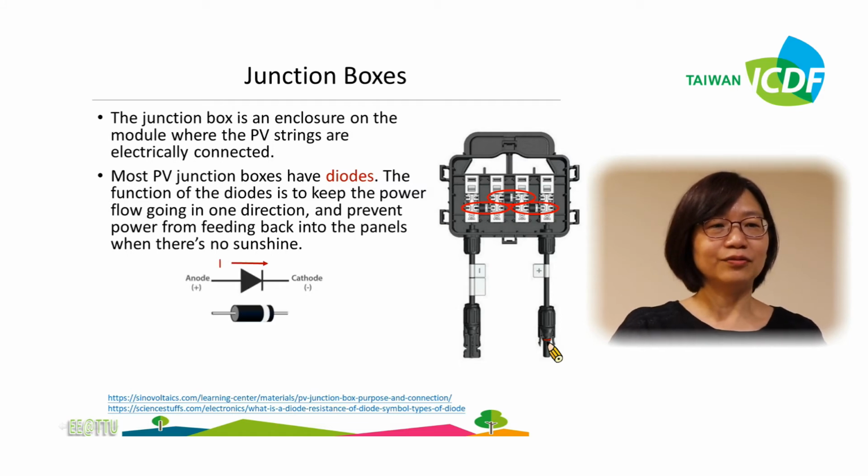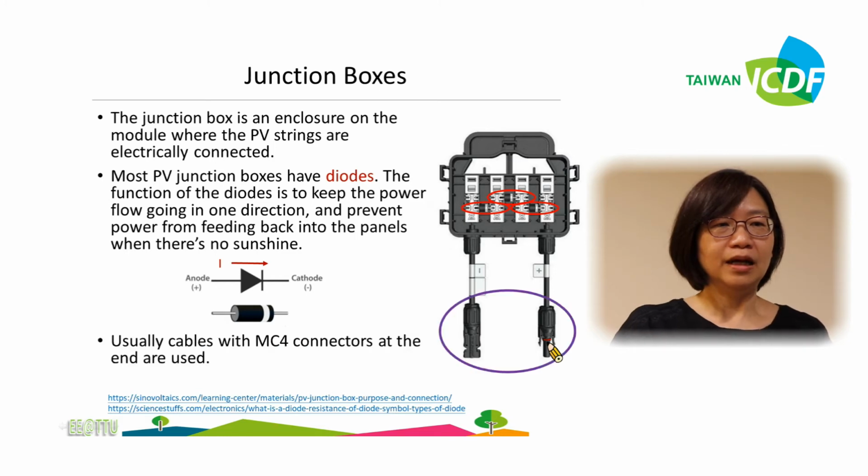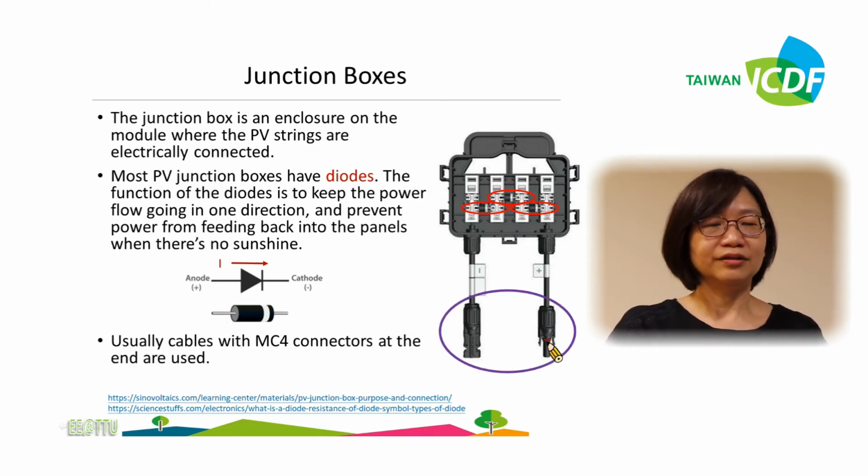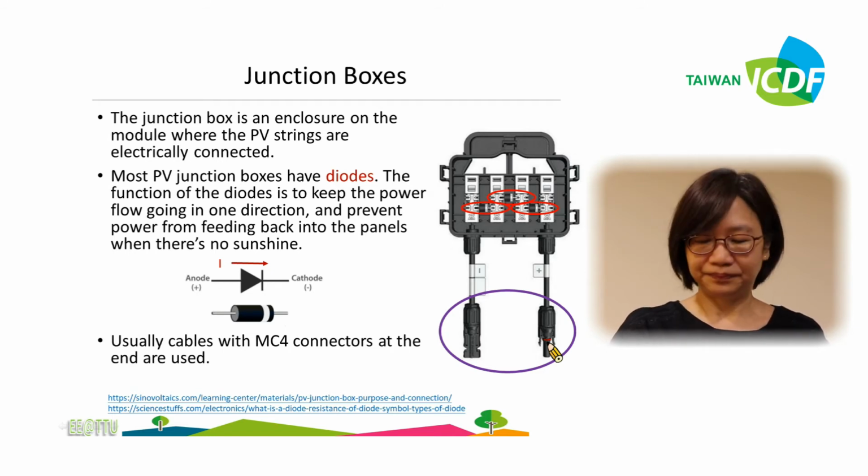A diode is a one-directional electrical device. It can only allow the current to flow in one direction, but blocks the flow in the other direction. Usually cables with MC4 connectors are at the end of the box.